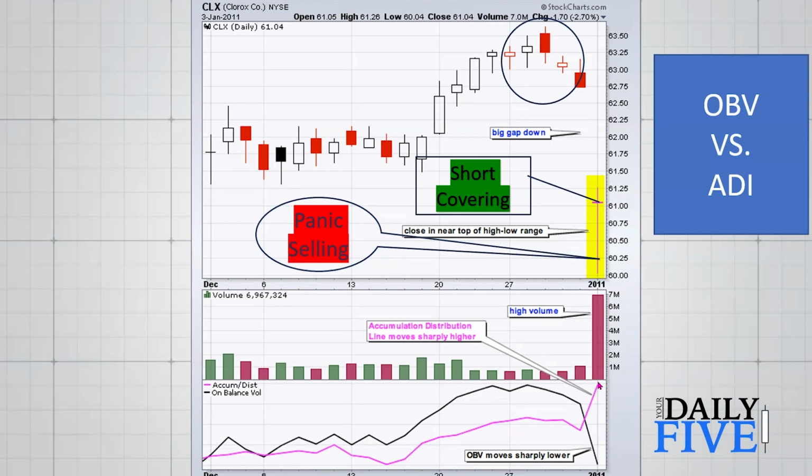This is the kind of setup that tells you that something may be pending. Certainly, at first glance, on balance volume is very negative, but then you have the accumulation distribution. And so you had some panic selling and you had some short covering. So this is what tells you that something is going to happen next.